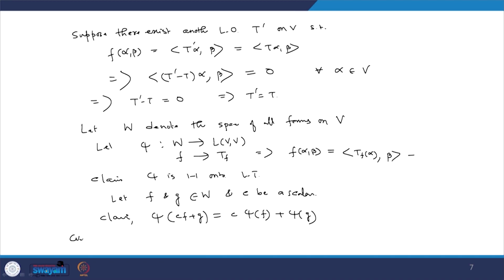We have psi of CF plus G equal to T of CF plus G.